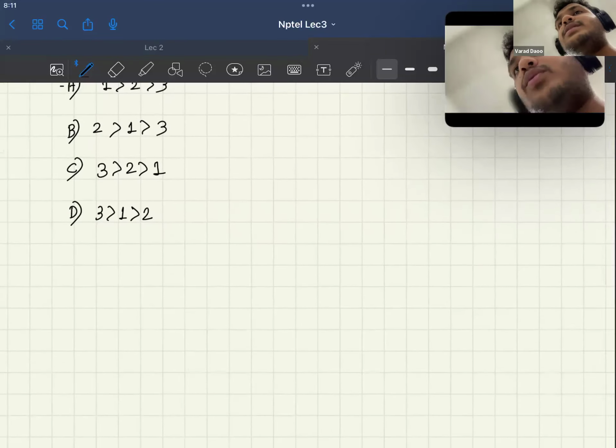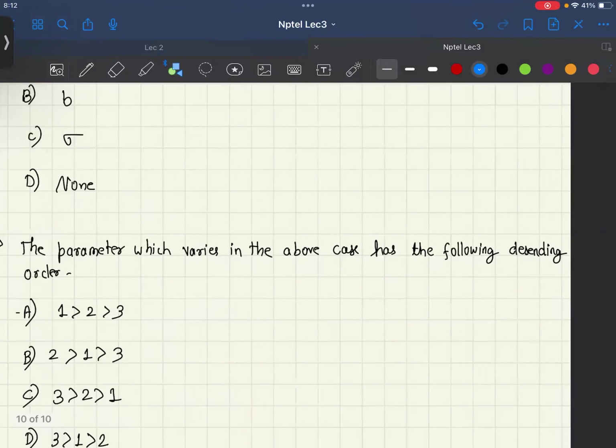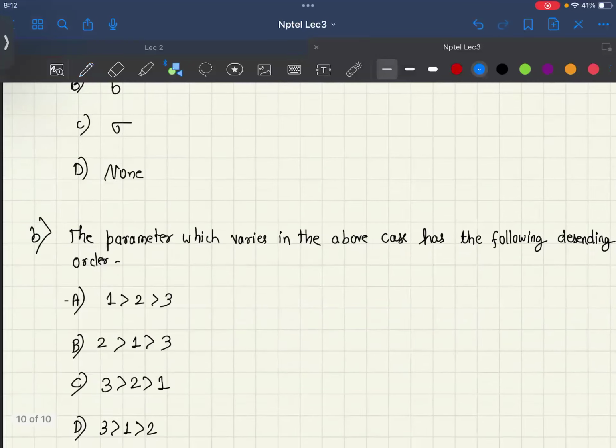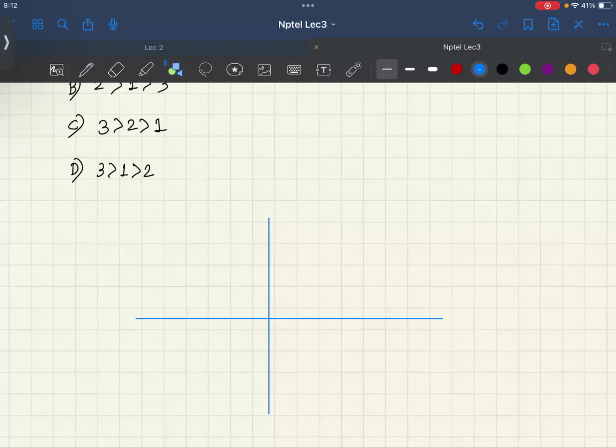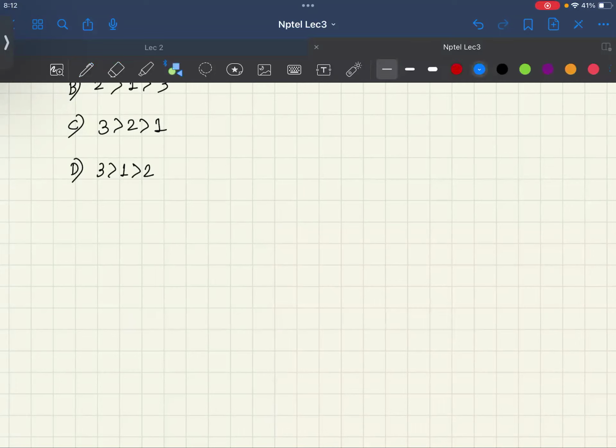And the plot is like this. Let me use a blue color. So the plot is like this.